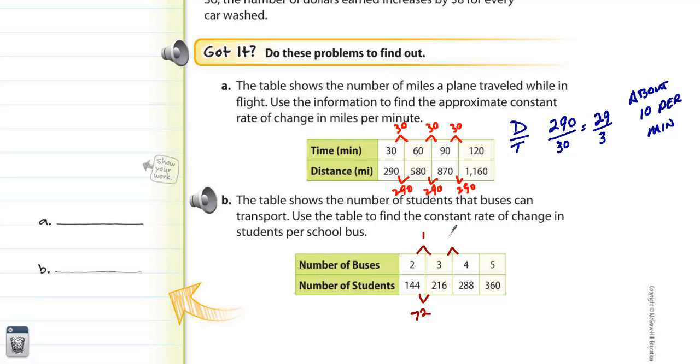You go up one more bus, and 288 minus 216 is 72 students. Go up one more bus, it changes by 72 students. So when we look at the change in students based on how many buses, we get a change of 72 students per bus.